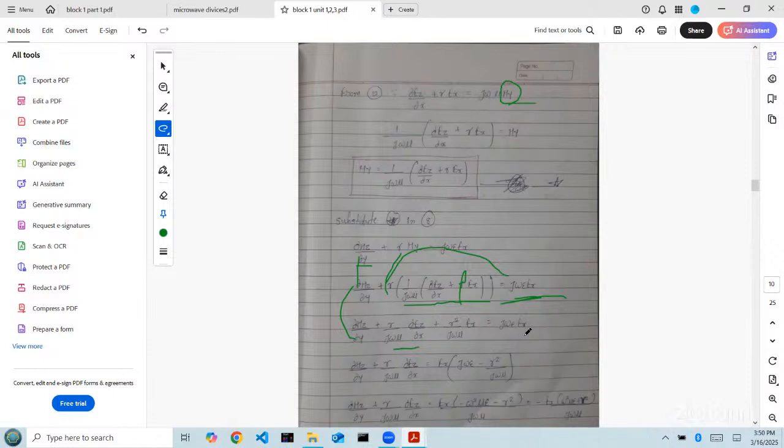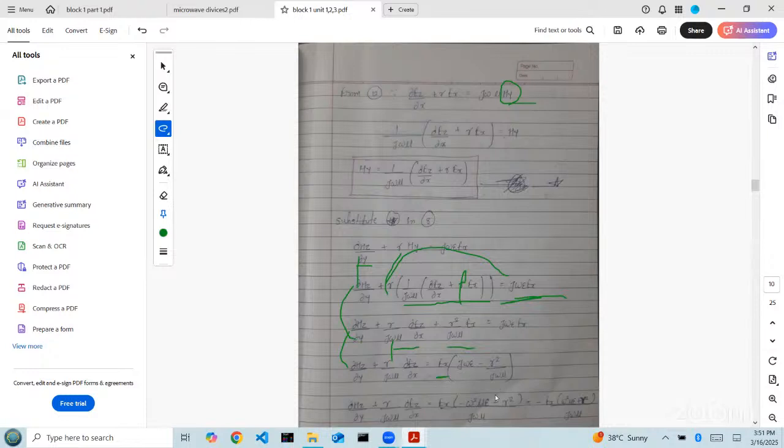Next step: the third term is sent to the RHS side and Ex is made common. The first term is as it is, the second term is as it is. The third term is gamma square Ex by j omega mu. That one is shifted to the RHS side. After shifting, Ex is made common.